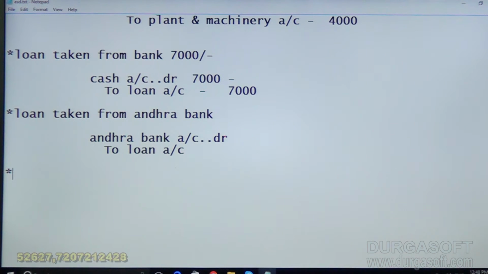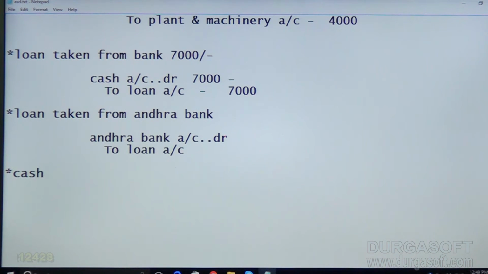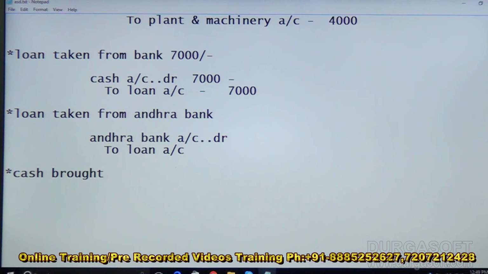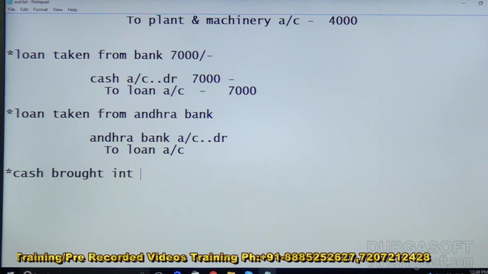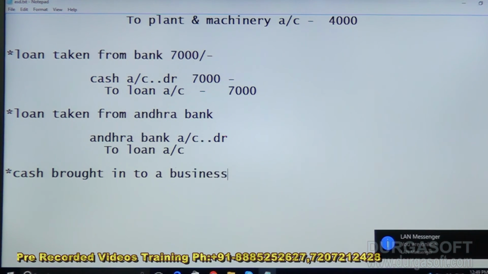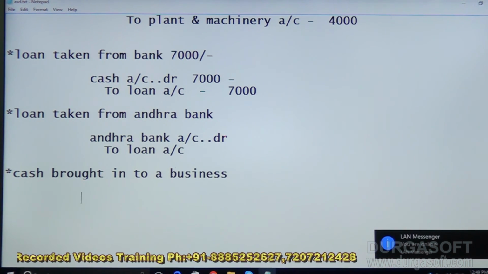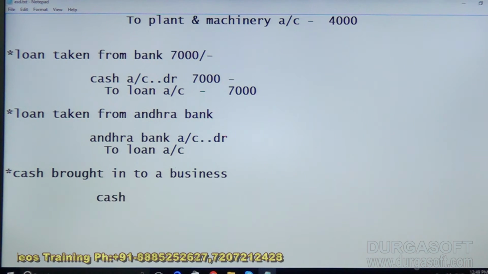So the same question we can write in another way: cash brought into a business. So the entry means we are receiving the cash in the form of capital. Whatever simple cash you are receiving into a business is treated as capital.